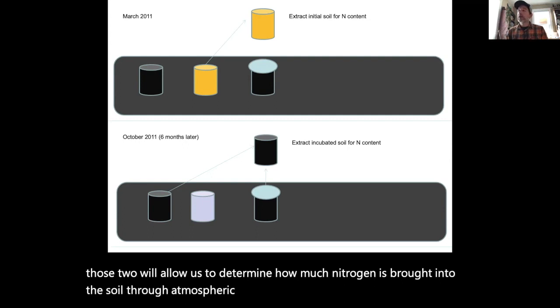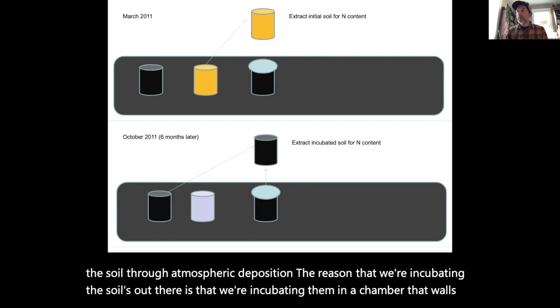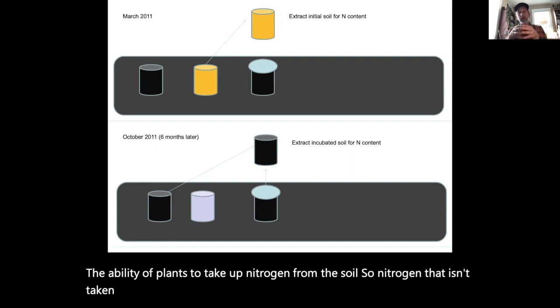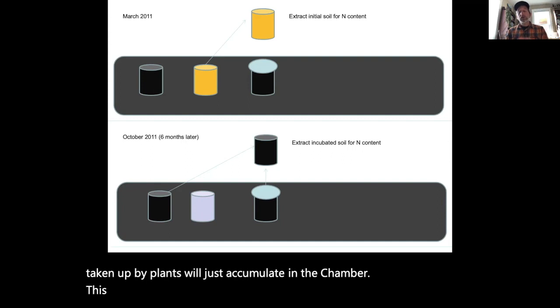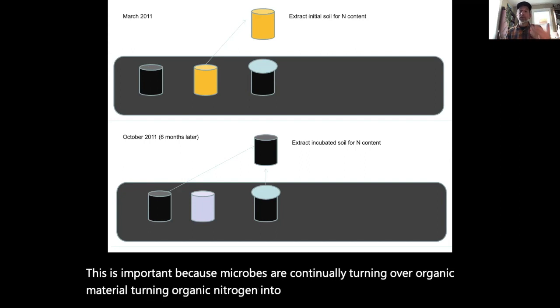The reason that we're incubating the soils out there is that we're incubating them in a chamber that walls off the ability of plants to take up nitrogen from the soil. So nitrogen that isn't taken up by plants will just accumulate in the chamber. This is important because microbes are continually turning over organic material, turning organic nitrogen into inorganic forms that normally plants would take up.